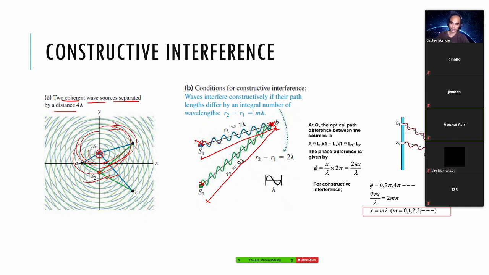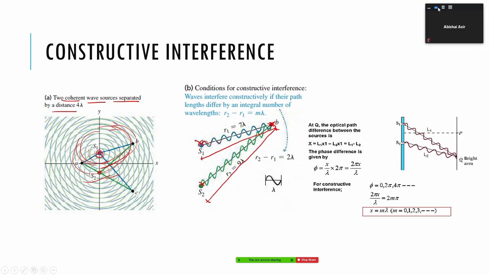It's different because of the optical path difference. So S1 to B and S2 to B, although coherent, have different optical path lengths. Because of this difference, if R2, the optical path length, minus R1 equals m lambda, we will get constructive interference.